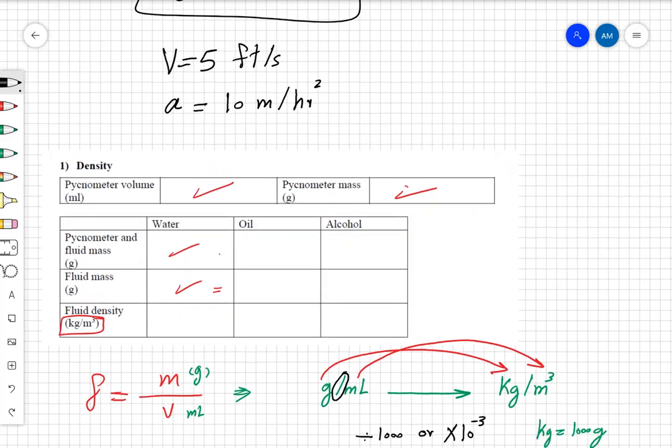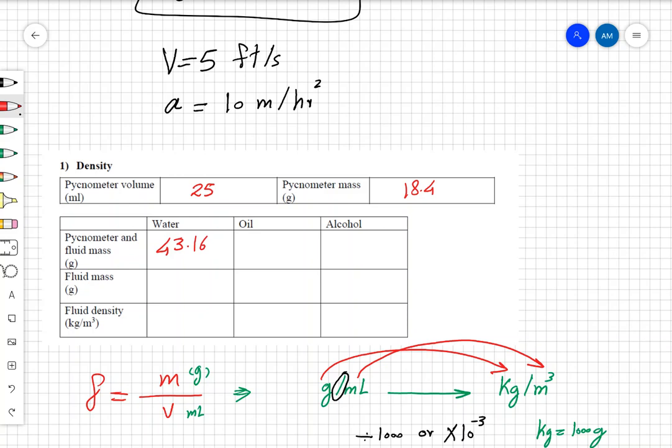Tell me the measurements that we got again. We know that the pycnometer volume is 25 milliliter and the pycnometer mass was 18.4 grams. The pycnometer and fluid mass was 43.16.